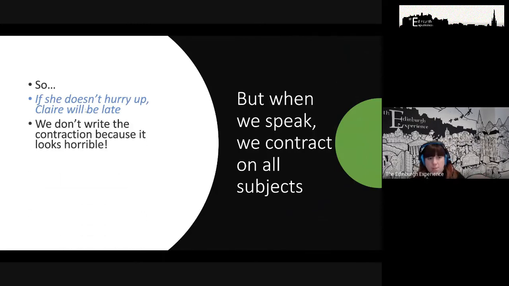So I wouldn't make a contraction here because that'll look horrible, right? Look how horrible that looks. Claire will be, ugh. Yeah. I wouldn't do that in my written English. However, I will do it in my spoken English, right? So it'll sound like this. Claire will be late, not Claire will be late. Yeah. So if I say all of that sentence quickly, if she doesn't hurry up, Claire will be late.